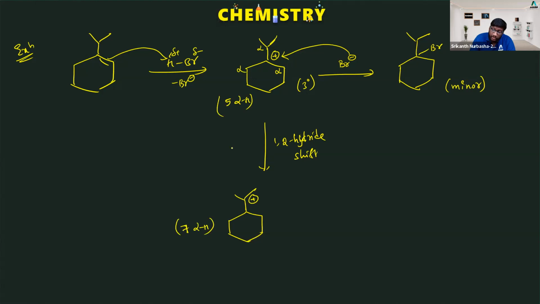Even though both are 6-membered rings, both are tertiary. If going from one tertiary to another tertiary, there is an increase in the number of alpha hydrogens, then the rearrangement is again possible. So the 1,2 hydride shift still occurs. You will be generating this carbocation because it is more stable due to more number of hyperconjugative structures.